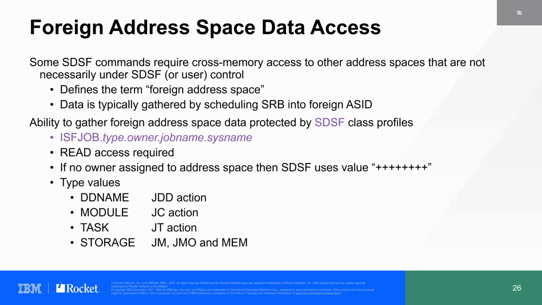If we can't work out the owner of that address space, and sometimes you can't, if it's a system address space, sometimes they don't have an owner associated with them, we will use eight pluses. And the types are the typical things here, like DDNAME for the JDD action, or STORAGE for JM and JMO, and the MEM command, TASKS for JT and things like that. So we will do a check against that profile to see if you're actually allowed to go snooping around inside that ASID.